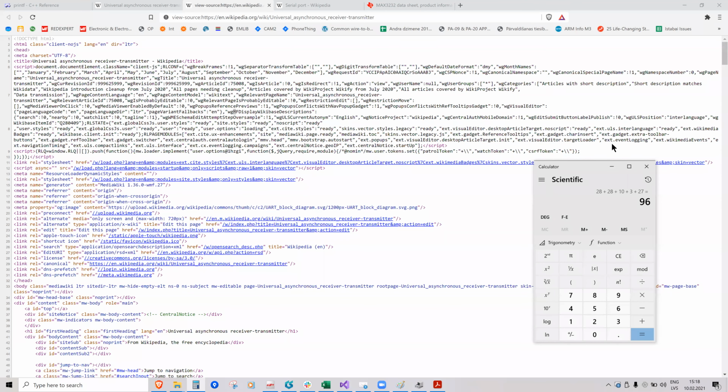You can see that practically everything that you see on this page, the characters, there are only approximately 100 characters.